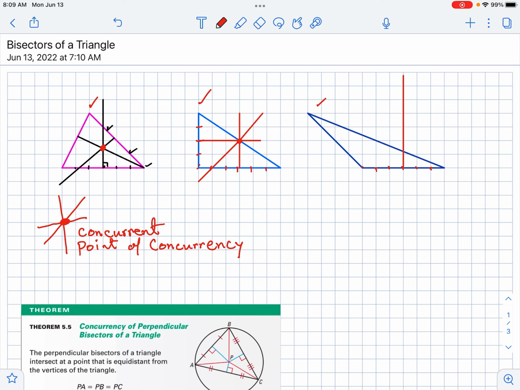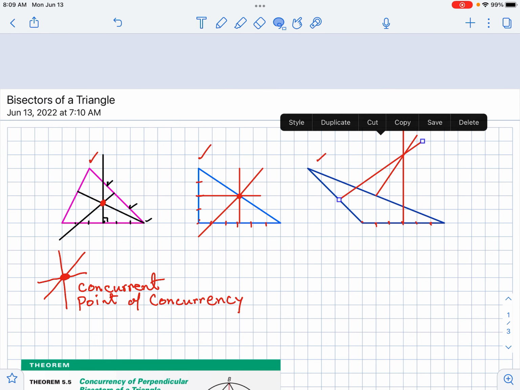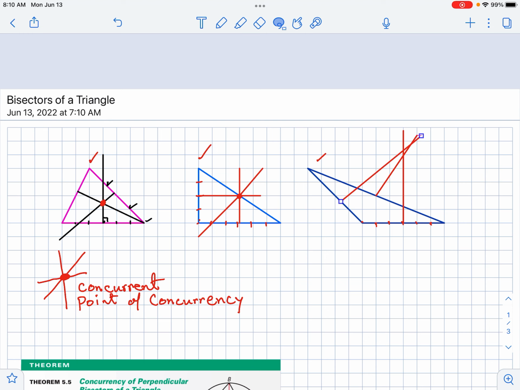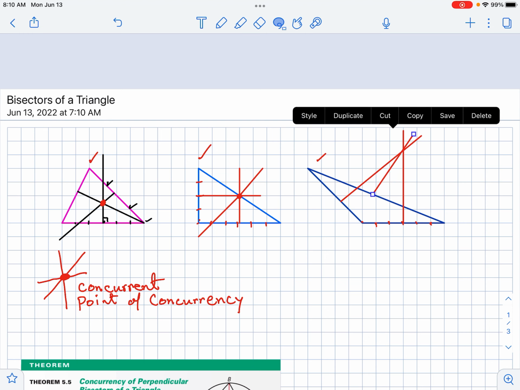We kind of cut this in half. And then we cut this one in half. Something like that. That's not exact. Let me move this one up a little bit. Anyway, you would get something like this, where all three of these are perpendicular bisectors.